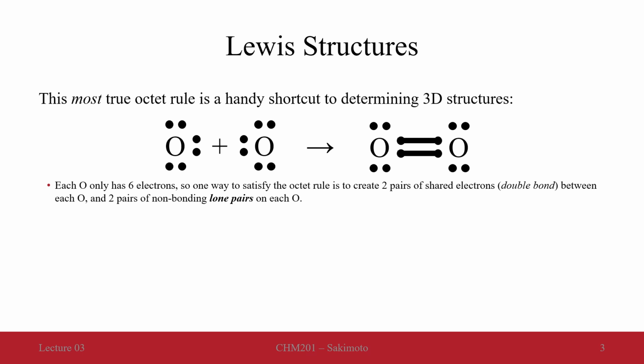A couple things to notice as a result of this Lewis structure analysis. We once again see the formation of 2 bonding pairs of electrons that we saw from the 2 bonding orbitals from MO theory. So we do see the idea that there's a double pair of shared electrons that pulls these 2 oxygen atoms together.